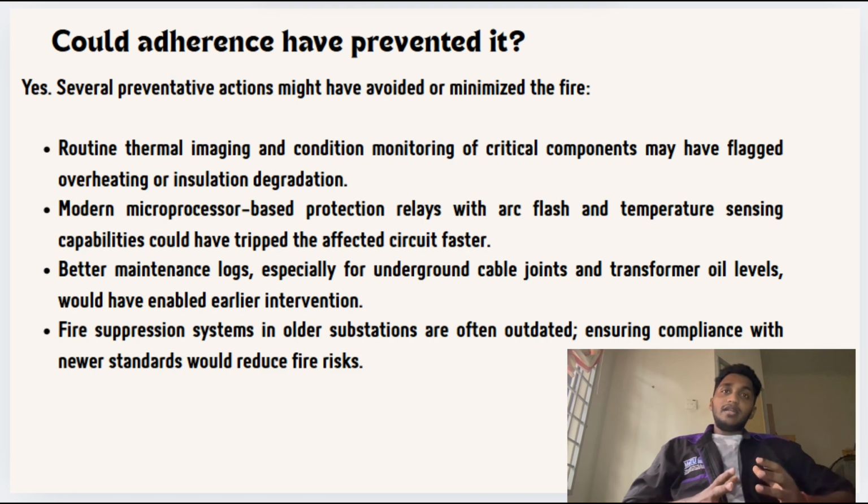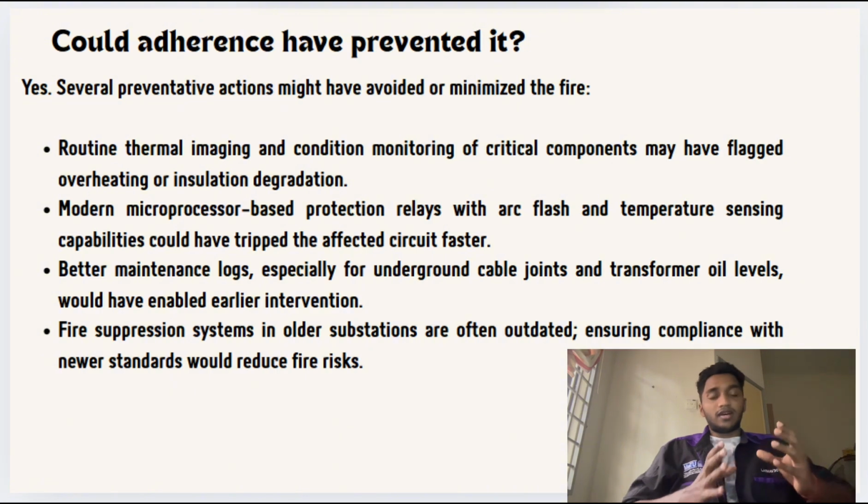Better maintenance logs, especially for underground cable joints and transformer oil levels, would have enabled earlier interventions. Fire suppression systems in older substations are often outdated. Ensuring compliance with newer standards will reduce the fire risks.